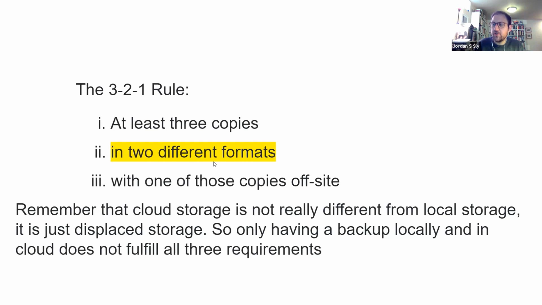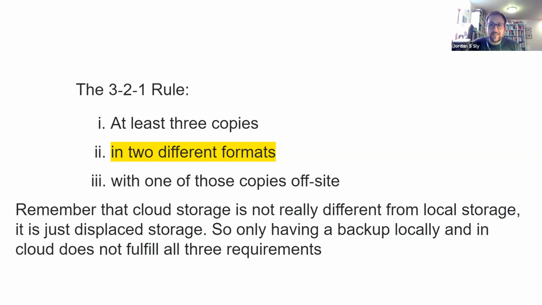I do just want to note too, the different formats is a little bit of a trick question as well. A common method is to back up data locally, which means on your computer, and then to use something like cloud storage, Dropbox or something like this, to do the additional storage. That is effectively the same method.